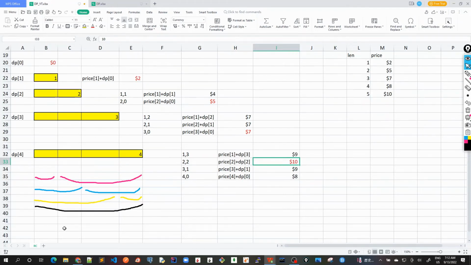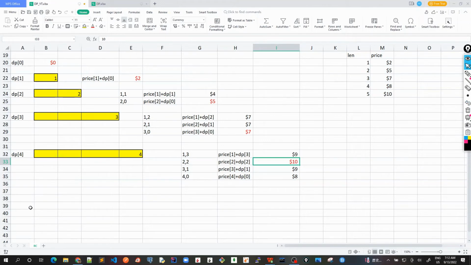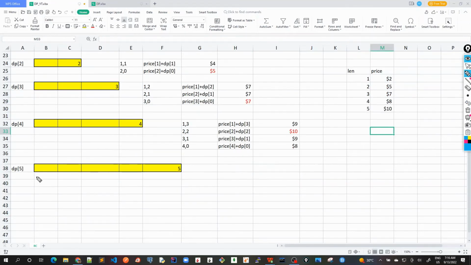Now, finally, we do it for the main problem that we have got, the rod of length 5. For dp5, we do the same thing as we had done in the previous approaches. So we can cut it into price of 1, and then dp of 4, which we have already calculated here. Another way would be to cut it into price of 2, length 2, and then take the dp of 3.